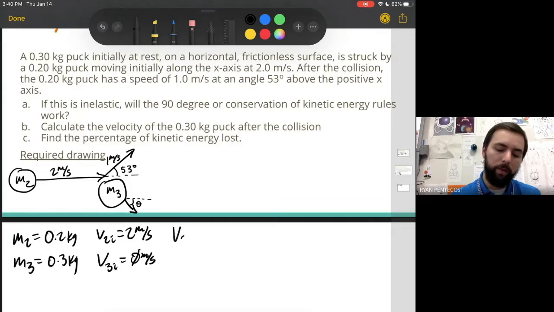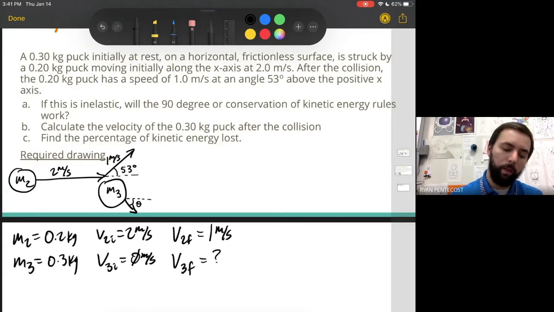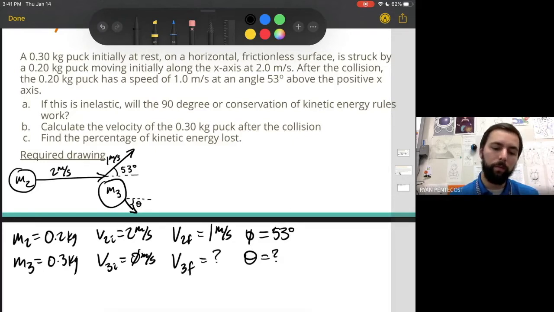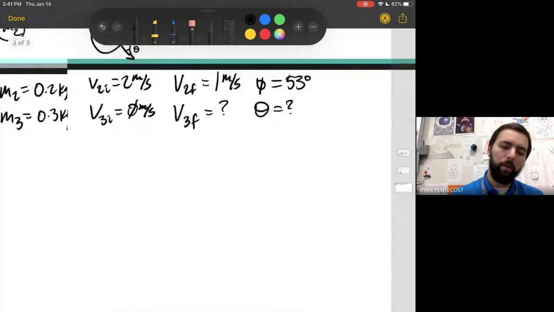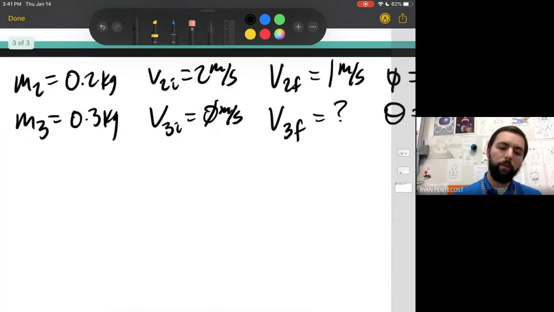Then we have V2 final, that is 1 meter per second. And V3 final is what we were looking for. Then we know that phi, the angle for the M2 puck, is 53 degrees. And theta, again, we don't know. We need to find it. Is that everything that we needed? I believe so. All right, so let's get to work.